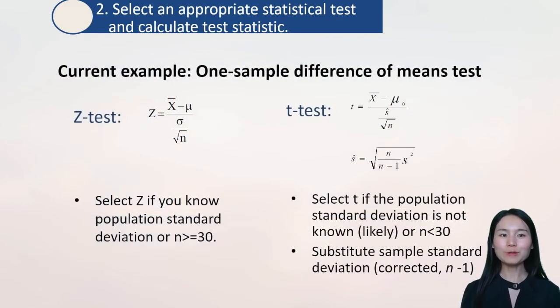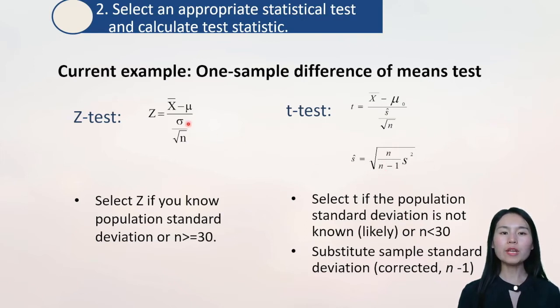Before we make the final choice of z-test, we need to look at the sample size. If the sample size is larger than 30, then we choose the z-test for sure. But if the sample size is less than 30, then we may need to opt for the t-test.